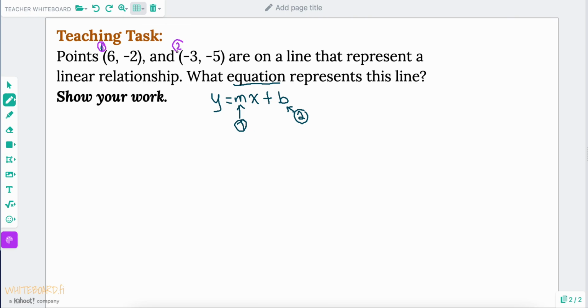So you know that all points or all coordinates are written in this fashion: x comma y. And so we know y coming from the second point is going to be -5, and you have to take that away from y coming from the first point, which is -2.